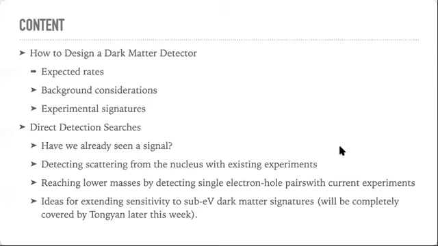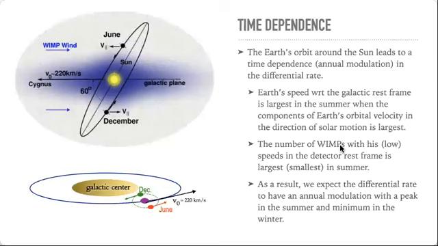Okay, so we're right at the end of here, so it looks like we have a lot to cover, but I suspect that some of the stuff might go a little faster, or maybe I'm just way too ambitious. All right, so we talked a lot about the signal last time and the signal rate. And remember, I told you, we're seeing this recoil spectrum, and there's nothing about that recoil spectrum that could distinguish your signal from a background.